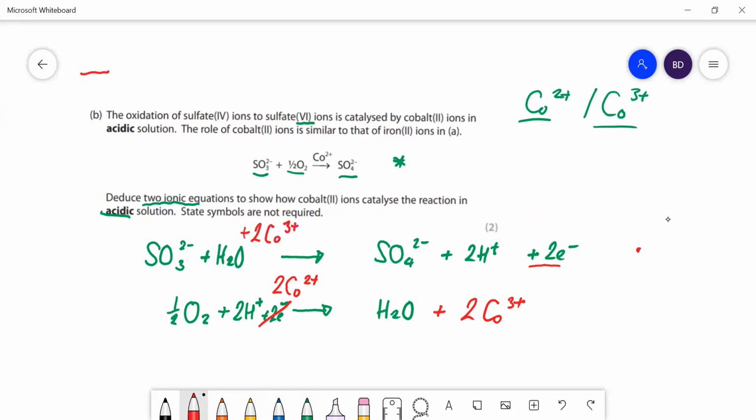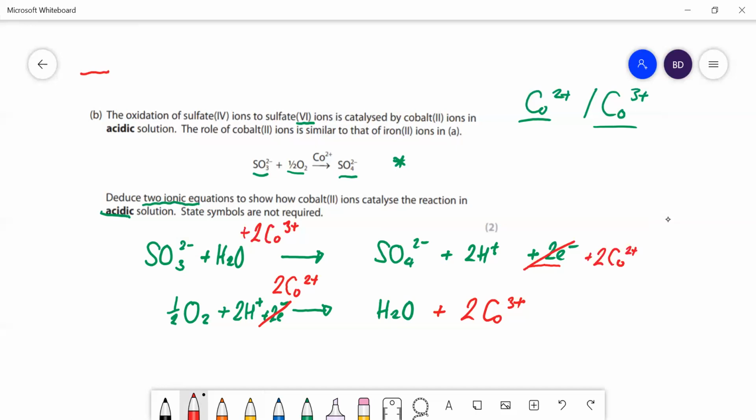Give them an electron, each one turns into a cobalt 2 plus. Okay, and just check your charges there, to make sure you've got your cobalt 3 plus and 2 plus on the right hand side.